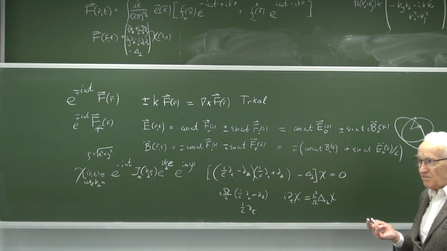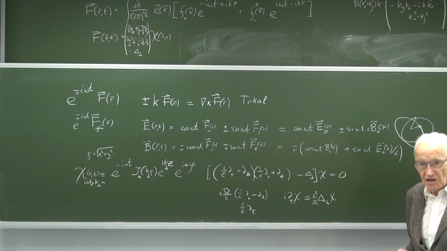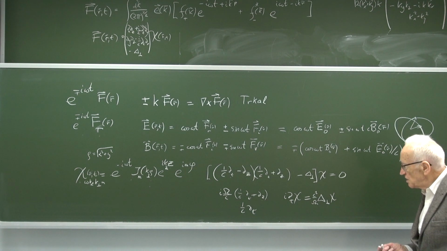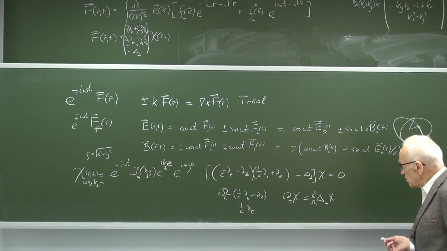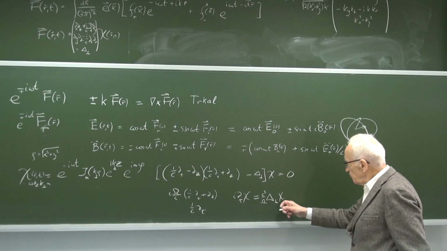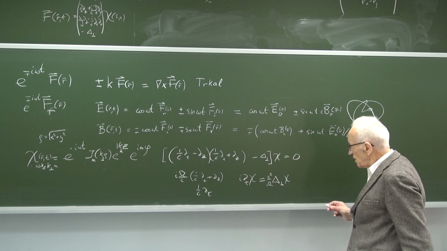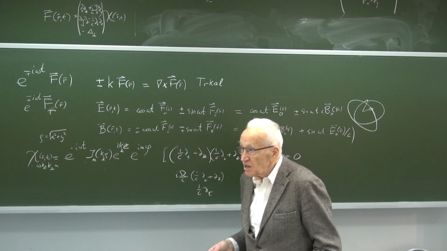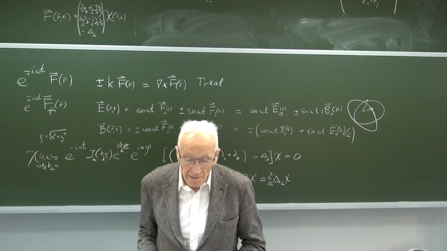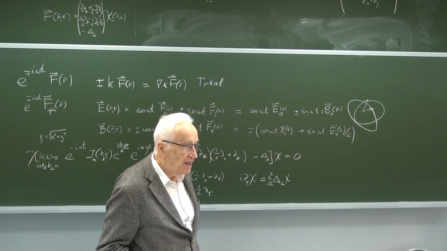Now, there are many obvious solutions of the Schrodinger equation in 2 dimensions. One of them is a Gaussian. So if you look for the solution of the Schrodinger equation in the simple form of a Gaussian function, then you are done and you get a solution of Maxwell equations.